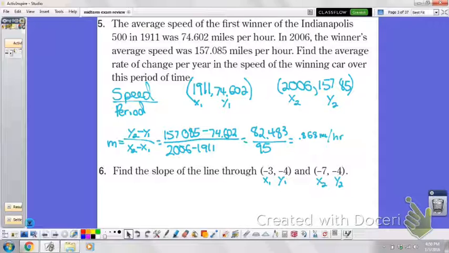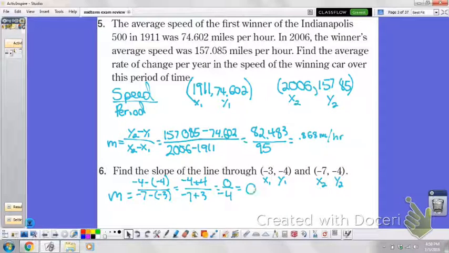So that gives me our slope equal to -4 minus -4 over -7 minus -3. Do a little simplifying. I get negative 4 plus 4 over negative 7 plus 3, giving me 0 over negative 4. And we know 0 divided by anything is 0, so my slope between those 2 points is 0.